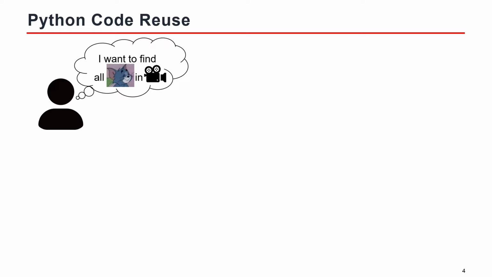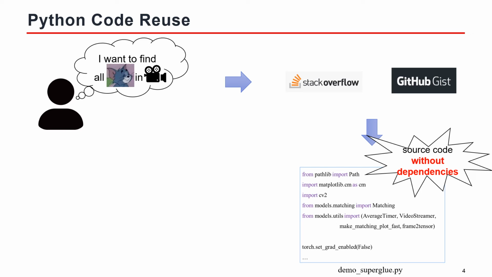Thus, people usually use Python code to improve development efficiency. For example, someone wants to find all tomcats in a movie, and he searches Stack Overflow and GIST for reusable code snaps. He gets a code snap demo superglue, but the source code is provided without its dependencies.